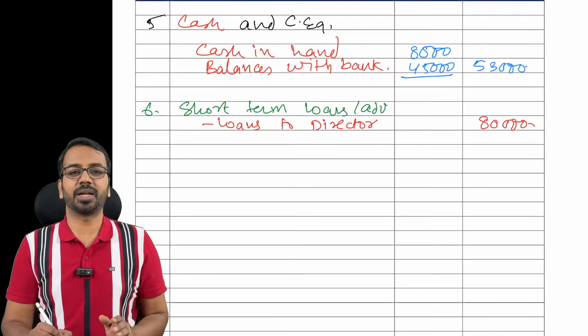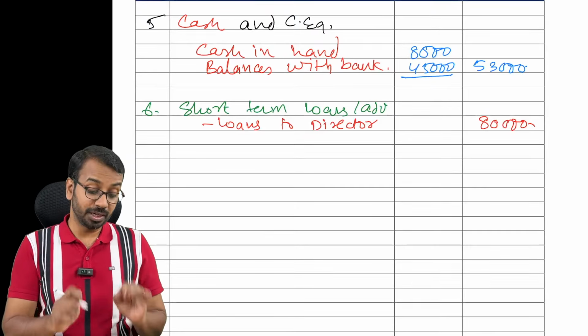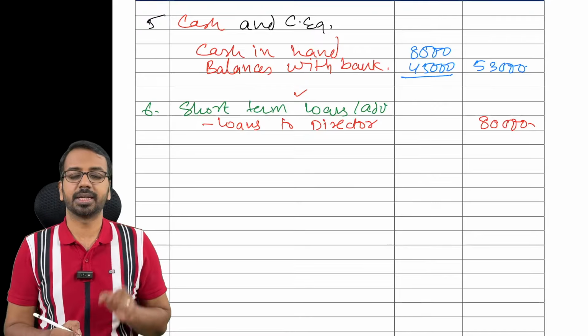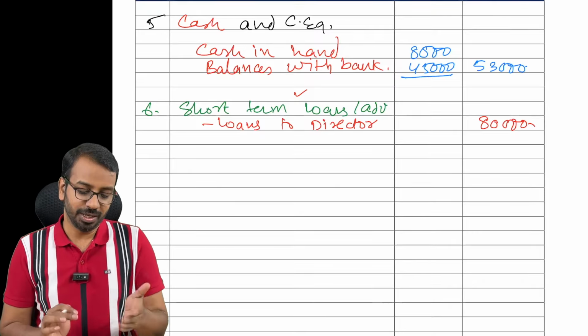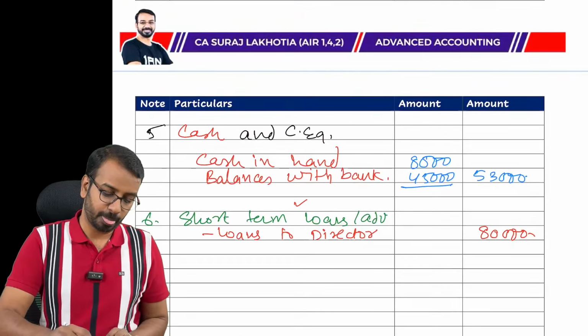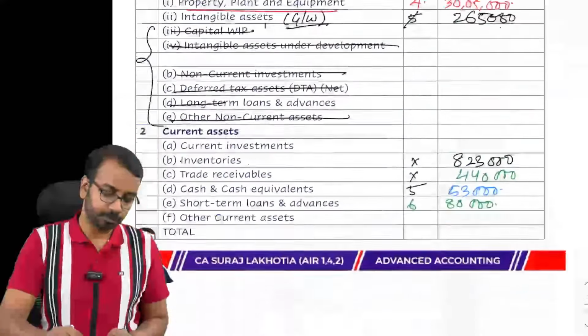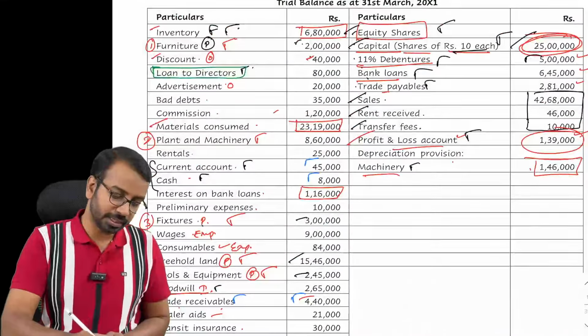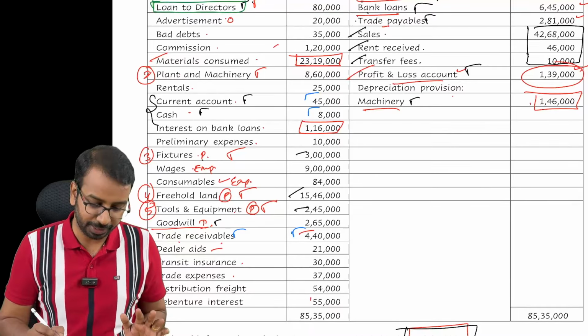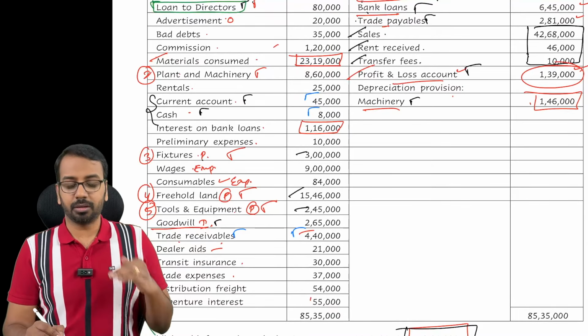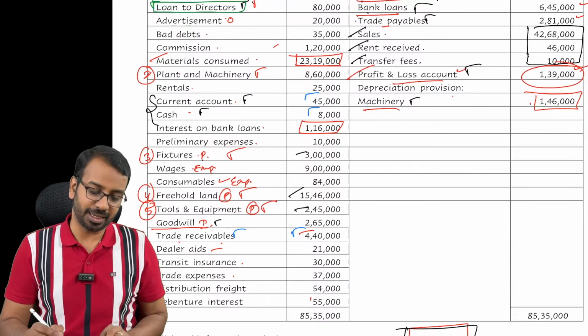Sir, why are you presenting it separately? See, there are two things. One, we need to give the breakup of short term loans and advances. Second, whenever there is a related party, you have to give a separate disclosure. So with this, loan to directors is also done. All the balance sheet items we have completed. If at all we have missed something, we can revisit that and add it as well.